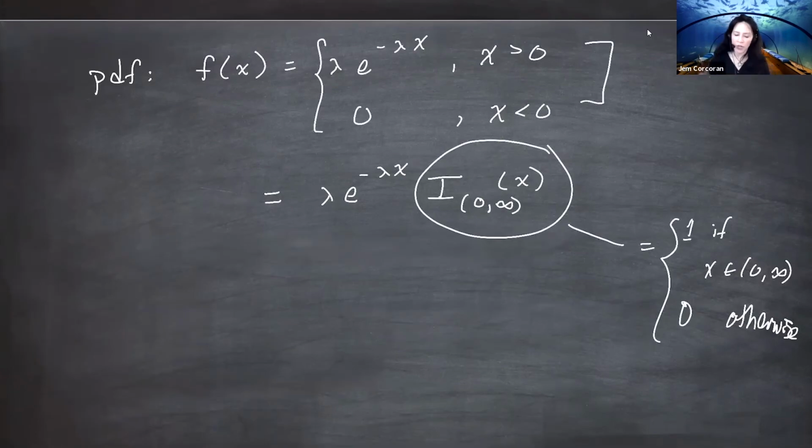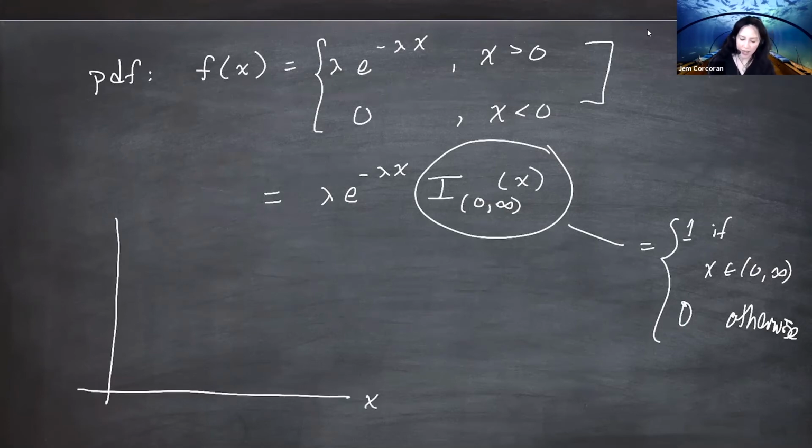Okay, so this is what I mean when I talk about an exponential distribution that looks like this. If we plot it as a function of x, it starts at lambda and then it goes down, faster than that, it goes down exponentially. Exponential things go down fast.